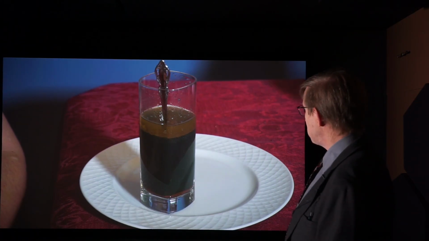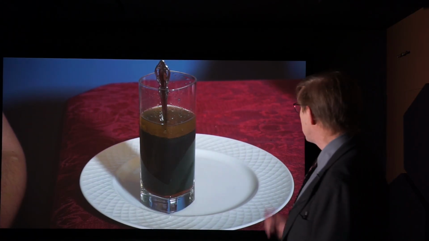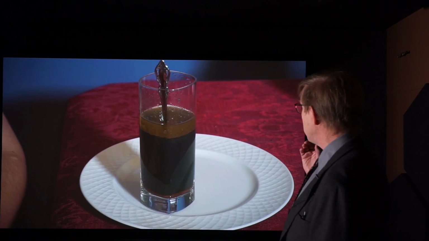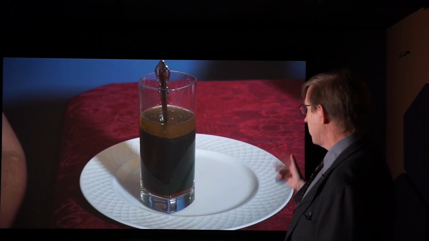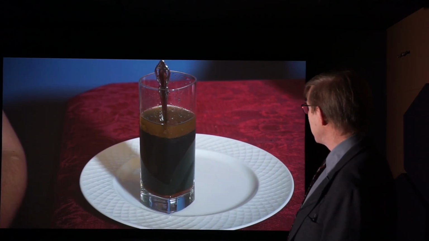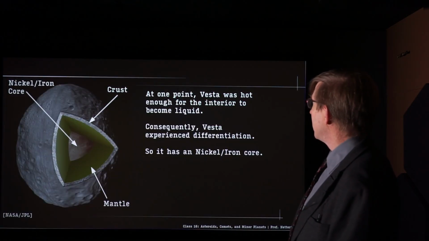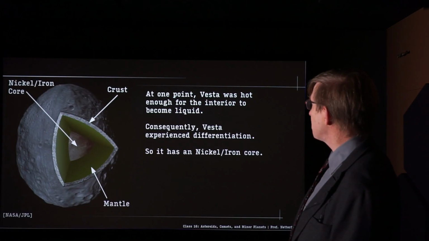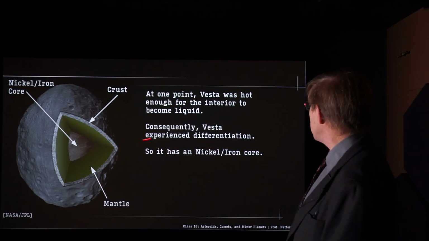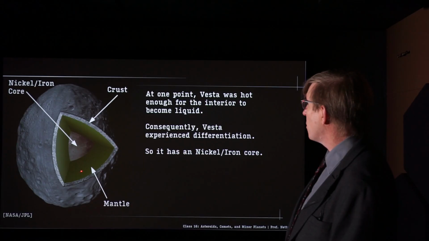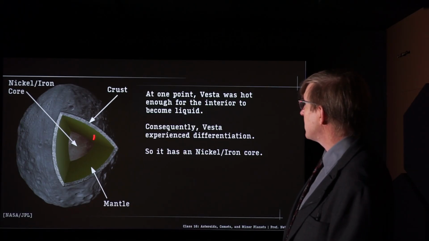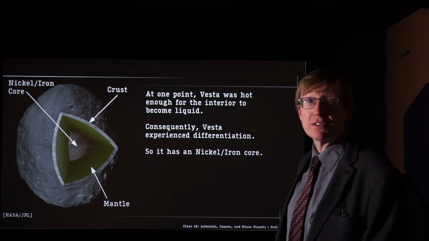Anytime you've got a planet which has become liquid, you're going to get this differentiation happening. Cool. Well, thanks, Joel. Appreciate it. You're welcome. So at one point, Vesta was hot enough for the interior to become liquid. Consequently, Vesta experienced differentiation, and it has this nickel-iron core, an olivine mantle, and then a rocky crust.